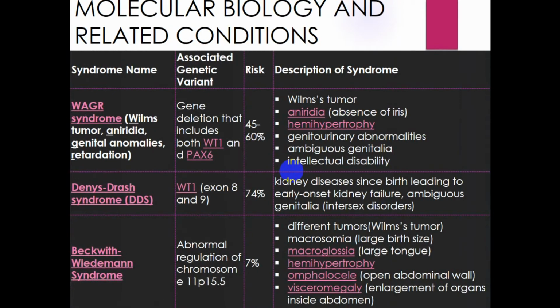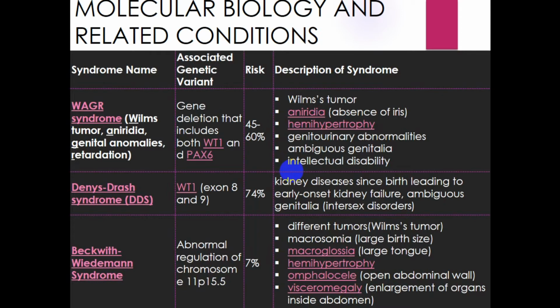This is maybe a difficult part for you, but it's important to remember molecular biology, not only the clinical and histological part. Different syndromes can be accompanied by nephroblastoma. Firstly, WAGR syndrome.